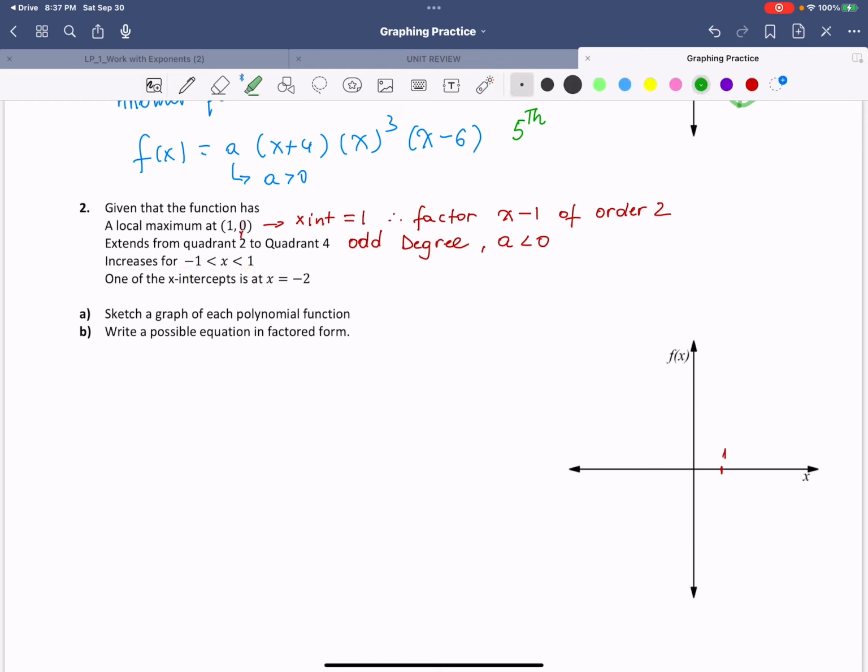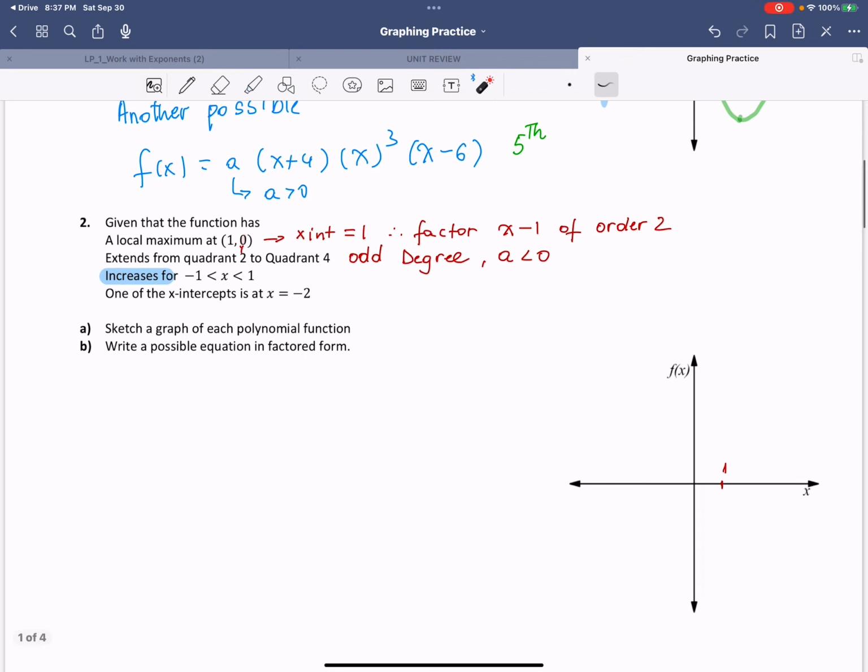Whenever we are given that the function is increasing or decreasing in an interval, it means that it's going to reach some high point somewhere in between, and it's going to hit some low point somewhere in between.